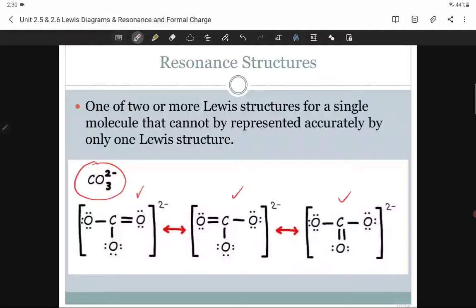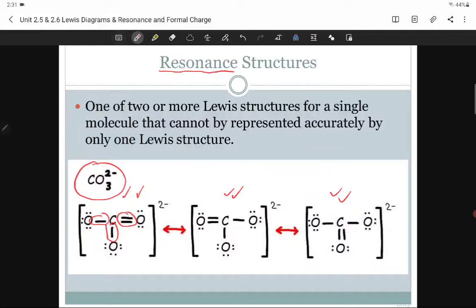So what does that mean? That means that they're all right, and we're going to now use this term, resonance. This double bond resonates between this single bond spot and this single bond spot. So if you took a snapshot, you can't really take a snapshot, but if you took a snapshot, you might get that, you might get this, or you might get this. It resonates between those three.